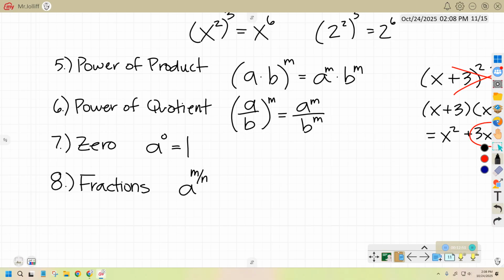When you see a fraction in the exponent, that stands for a root. So I will start with an example first. If I have x to the 1/2, 1/2 means square root.